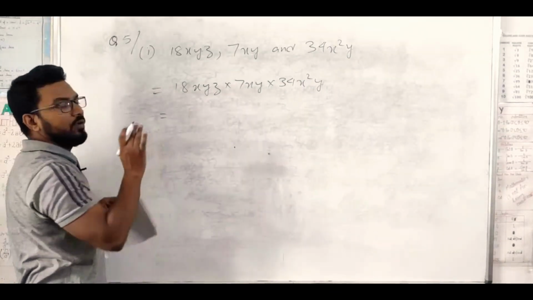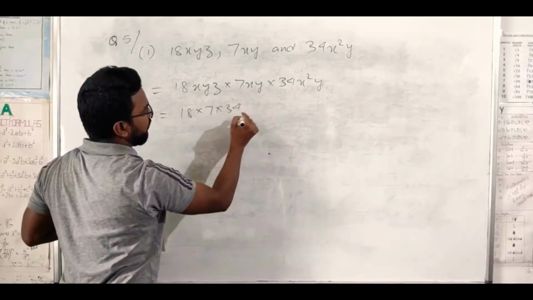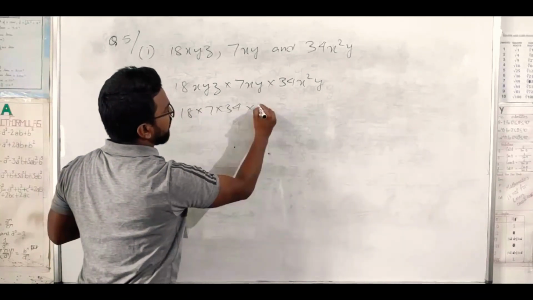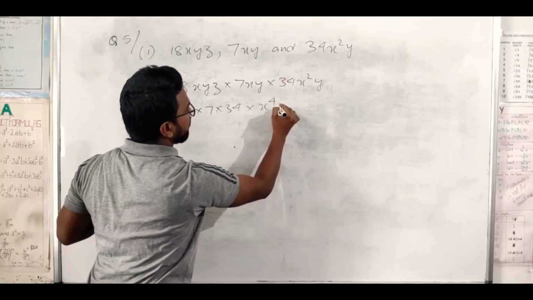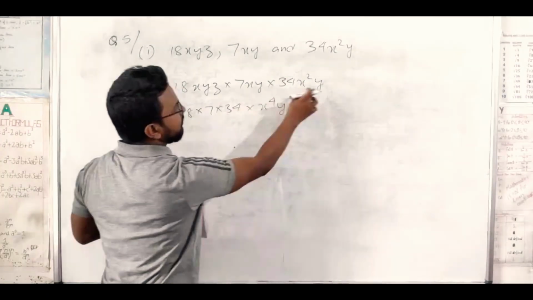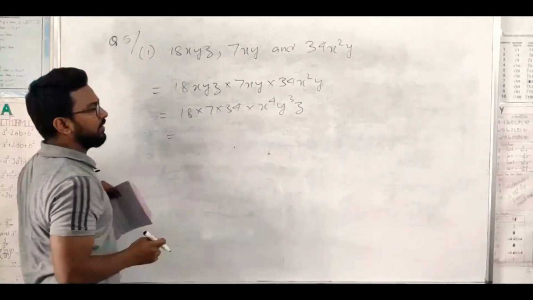We'll first multiply the numerical values, 18 into 7 into 34. How many x are here? 1 plus 1, 2, 2 plus 2, 4. How many y? 1, 2, 3. And how many z? Only 1 z.